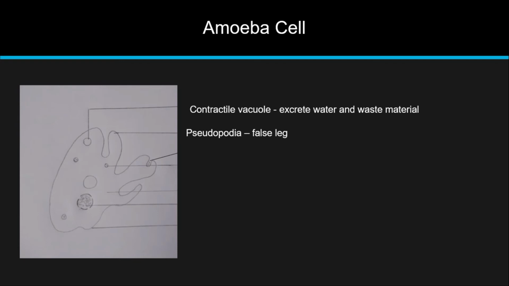Pseudopodia, false leg. Here it is. False leg. So it goes along by cytoplasmic streaming. I don't know if you have ever seen water thrown away on the floor and the water is just moving across the floor. The water has no legs in it, but the water is just moving across the floor. So pretty much that is how the amoeba would be moving. It's just flowing across the surface, pretty much like some water being thrown away on the floor, right?